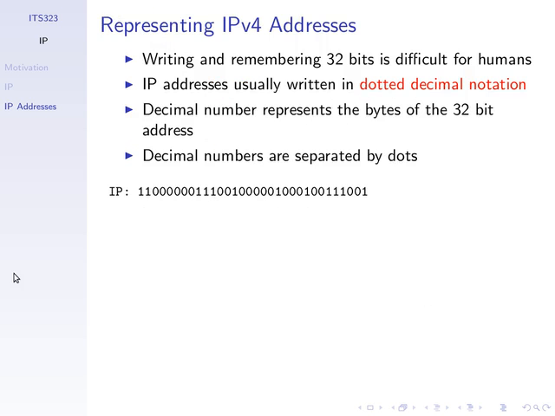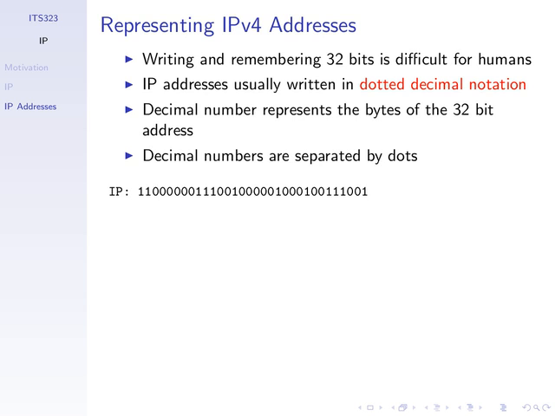But because it's a 32-bit number, that's what the computers deal with, 32-bit values. What us humans want to deal with is something a little bit simpler to write down and remember. So there's a way to convert a binary IP address into what's called the dotted decimal notation. Let's just cover how that works so you can practice.